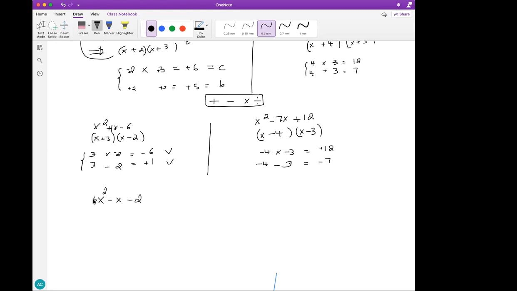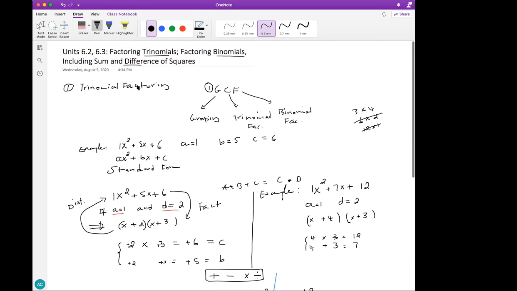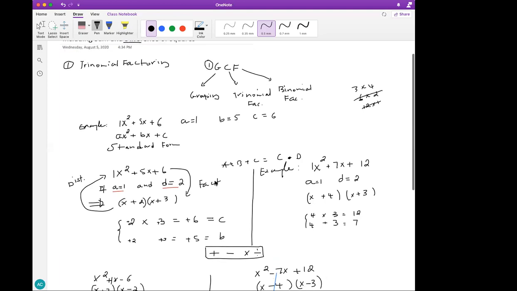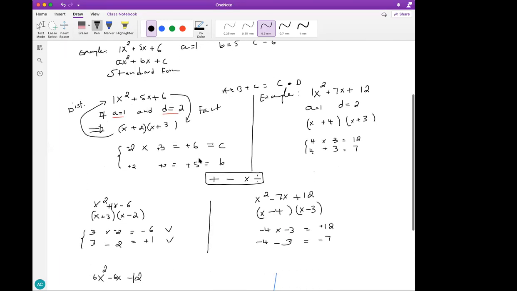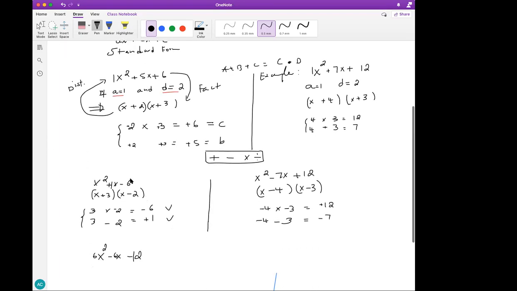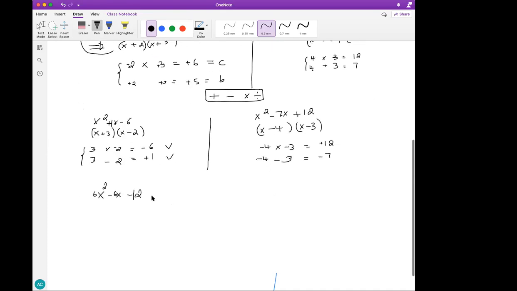I want to make this 6, 6, and 12. Okay, so again, the purpose is to factor, turn this addition, something like this, into a product.